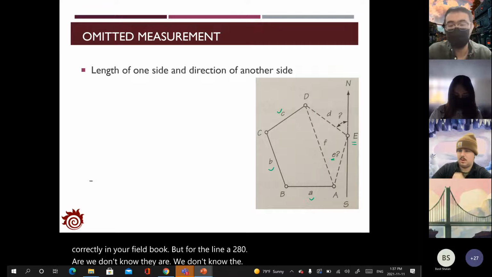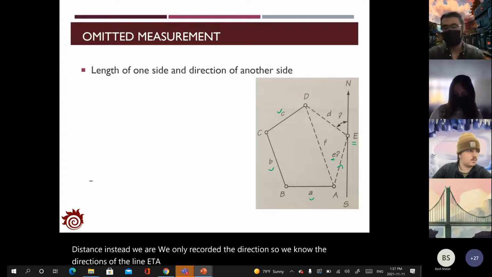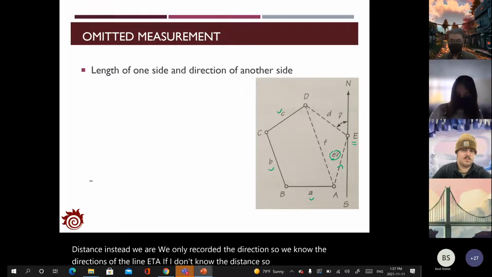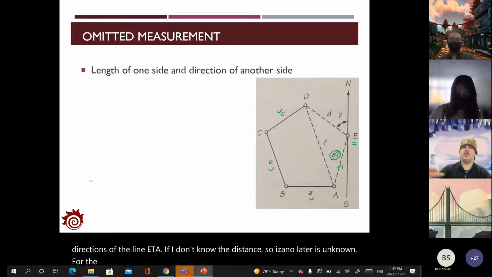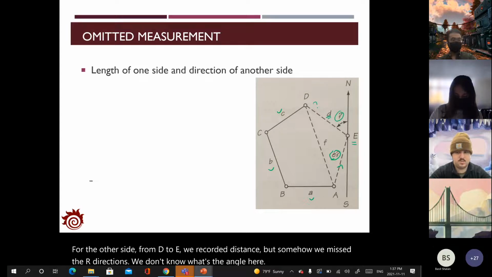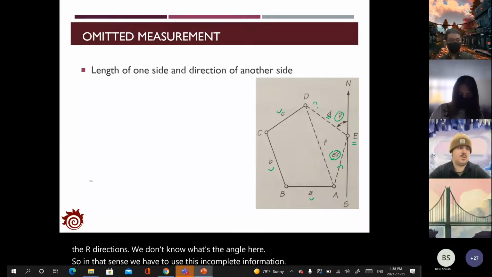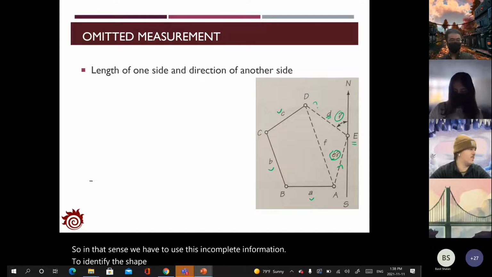Instead, we only record the direction. So we know the direction of the line A to E, but don't know the distance. So letter E is unknown. For the other side, from D to E, we record the distance, but somehow we missed the direction. We don't know what's the angle here. So in that sense, we have to use this incomplete information to identify the shape of the lengths that we measured.